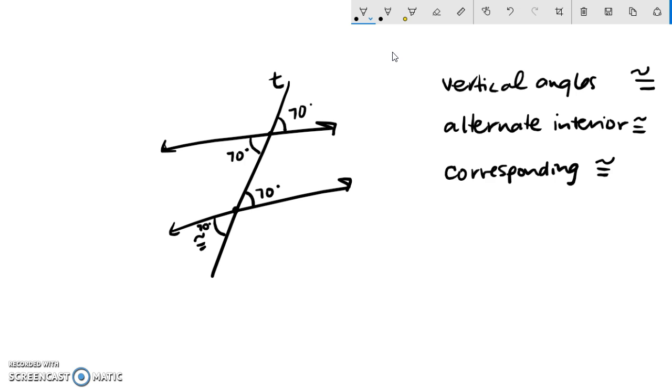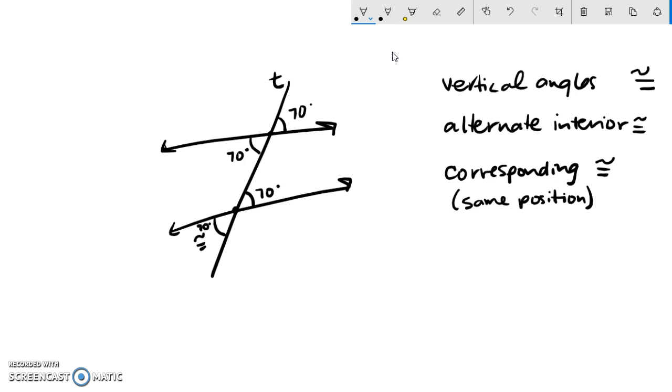This angle right here is above the parallel line and to the right of the transversal. And if I look up here, this angle is above this parallel line and to the right of the transversal. So the corresponding angles, we're going to say they have the same position. That's really important.